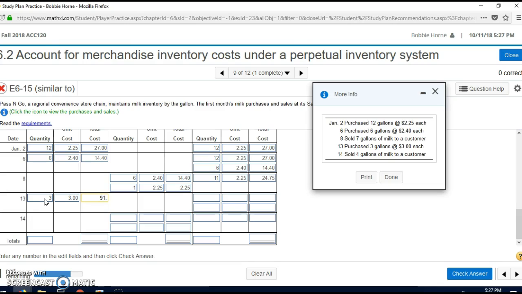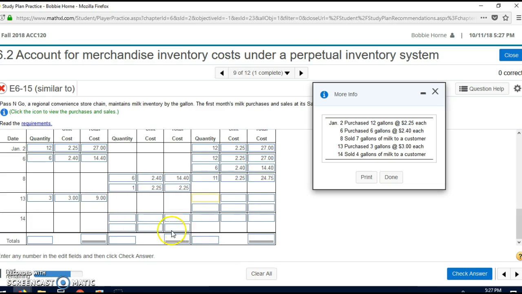That would be $9 for your total cost. So now we have the 11 at $2.25, which was $24.75, and we just purchased 3 at $3, which would be $9. Then on the 14th, we sold 4 gallons of milk. Last in, first out.